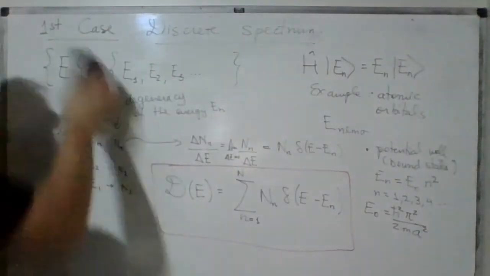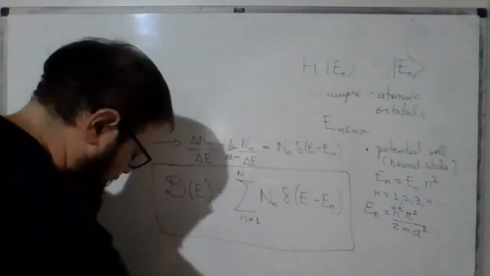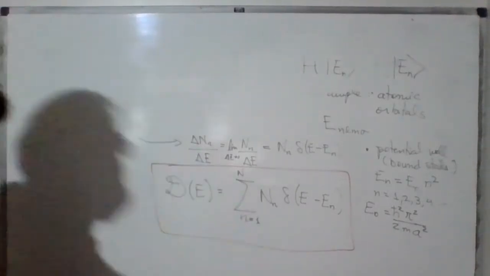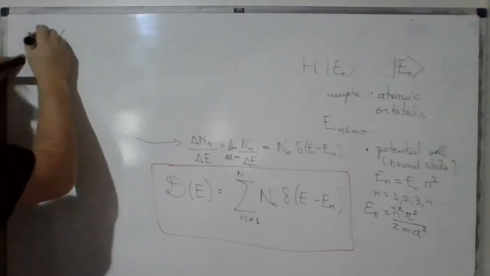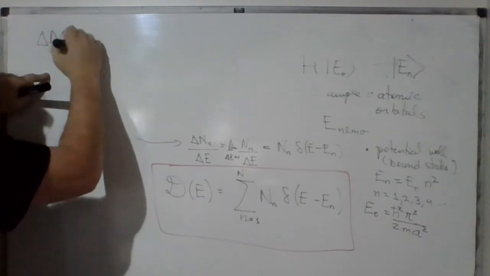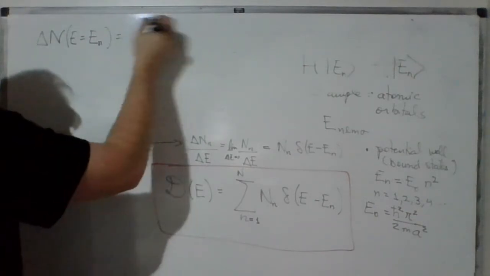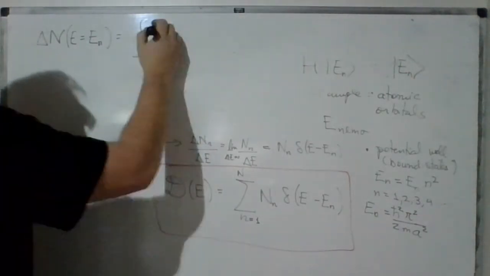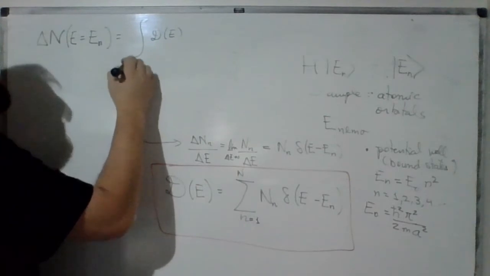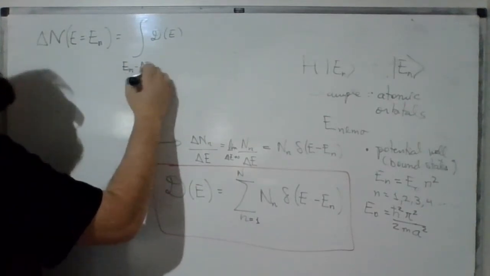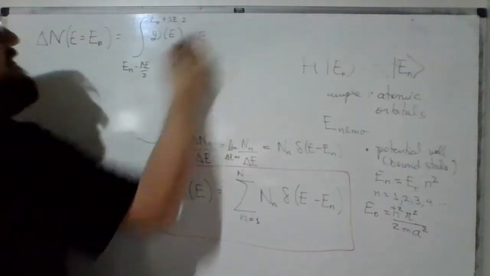Okay, just remember the definition, and if you want to calculate the total number of states, the delta n around some given energy En, you can just use an integral over the density of states in an energy interval going from En minus delta E over 2 to En plus delta E over 2, and you integrate over the energies.